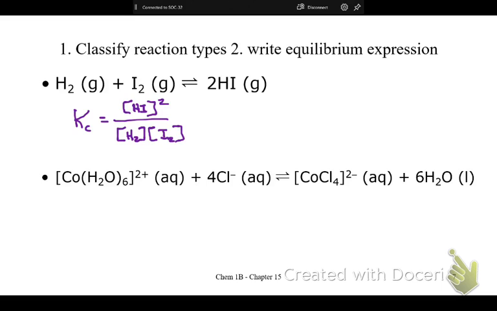If I say it's Kp, it's the exact same expression, just use P's instead. So it's going to be P of HI squared divided by P of H2 times the P of I2.